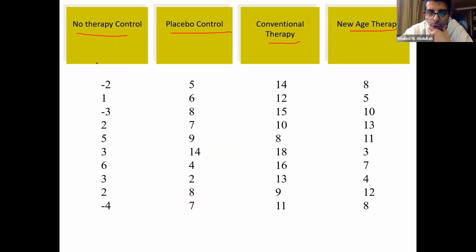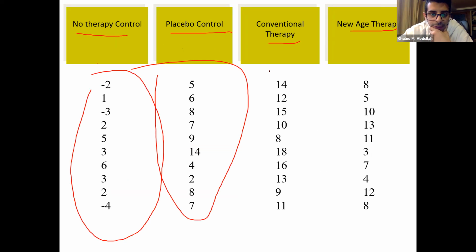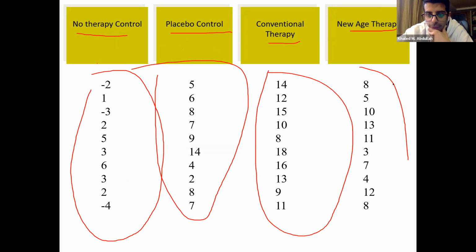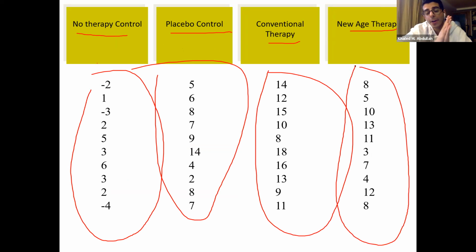If you do ANOVA on all of these, and if your F value tells you it's significant, this is really important: the only thing that you can know is that at least one of these therapies, when compared to another treatment, is significant.